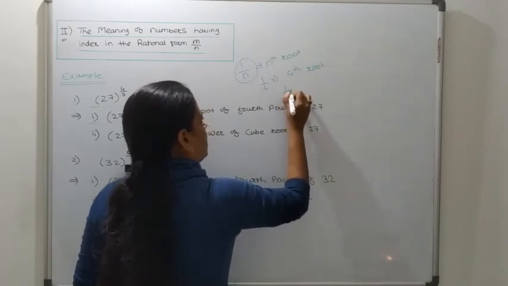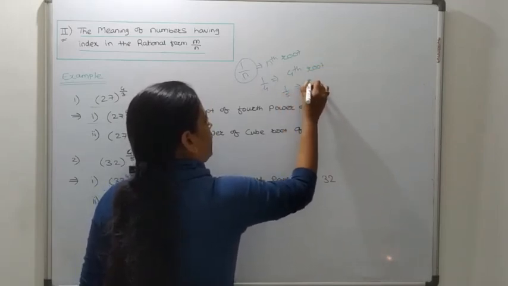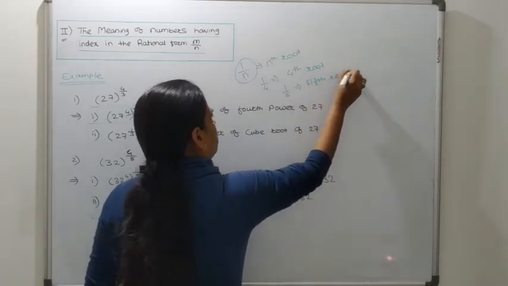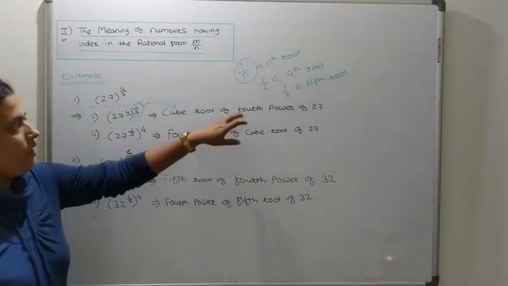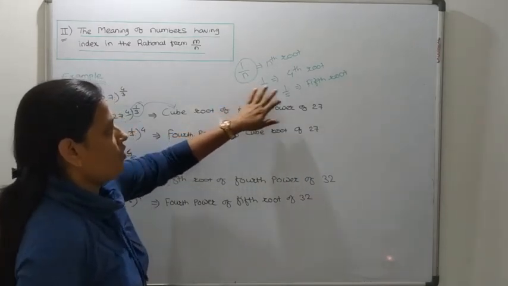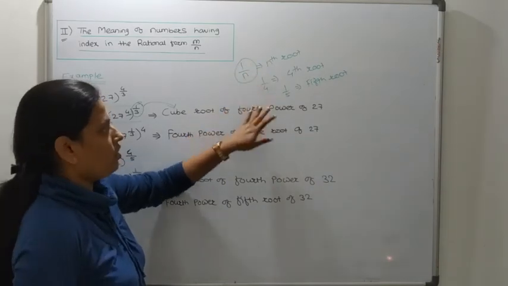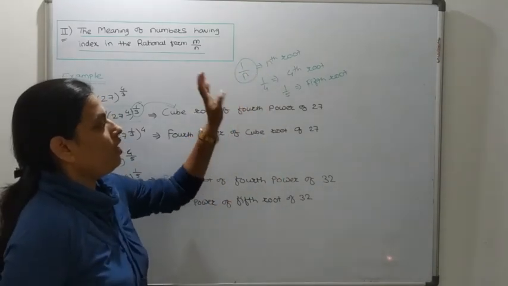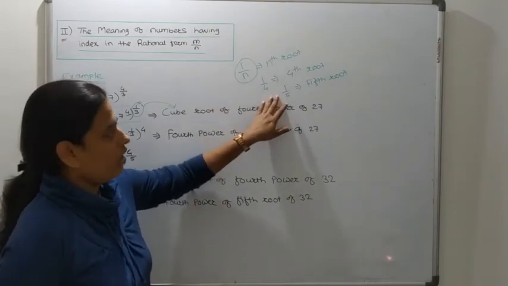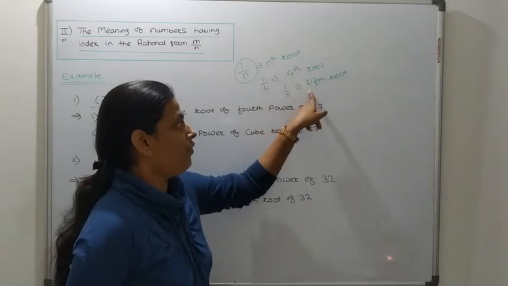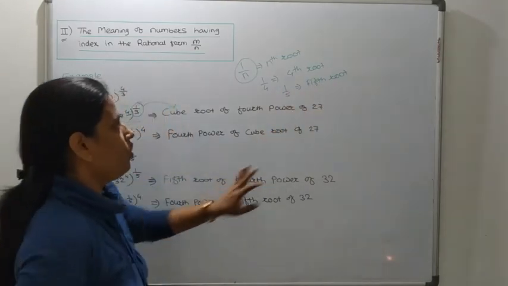If 1 upon 5 is there, that is the fifth root. So remember this: whenever the power or index is 1 upon 4, 1 upon 5, 1 upon 6, 1 upon 7, 1 upon 12, like this, you have to write the root of the particular number. Suppose 1 upon 5 is there, then that is the fifth root of anything.